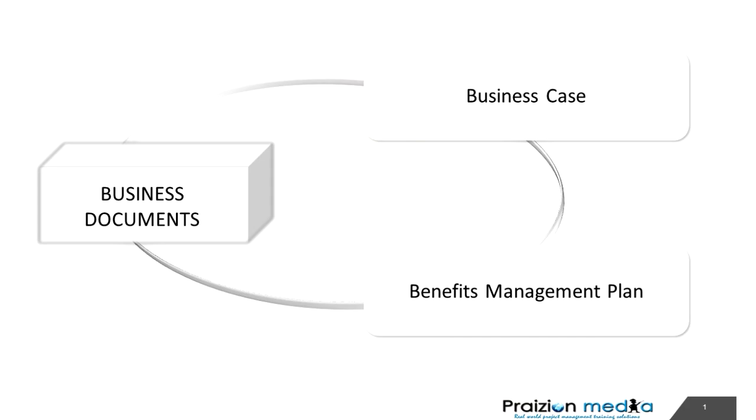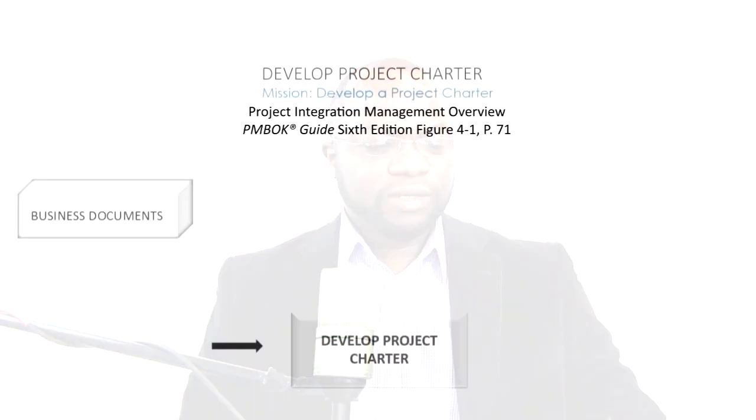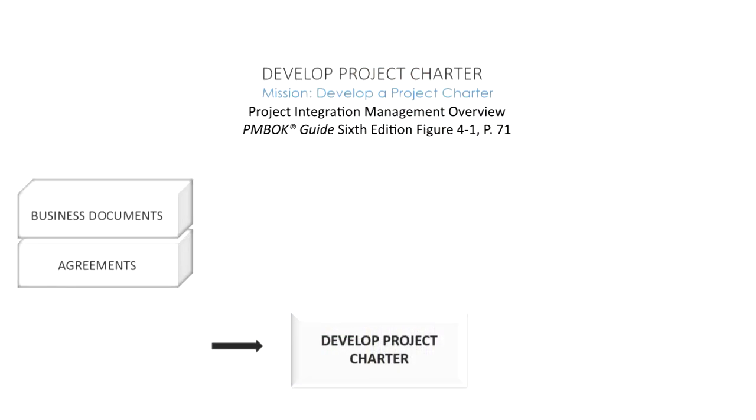Because it's one thing to deliver the project deliverables, but it's another thing to ensure that the reason why that project was undertaken is really met in the organization. So we need a benefits management plan to understand what the benefits are and to outline how those benefits are going to be realized.